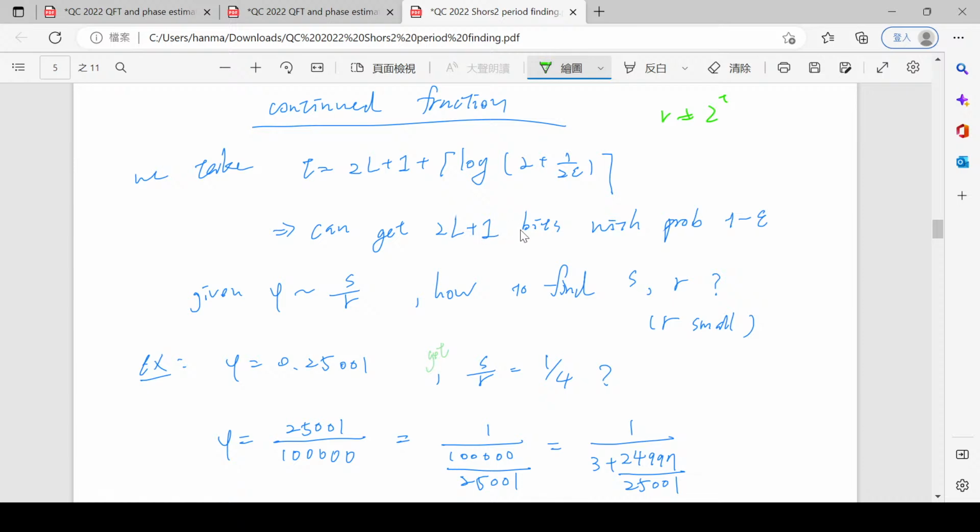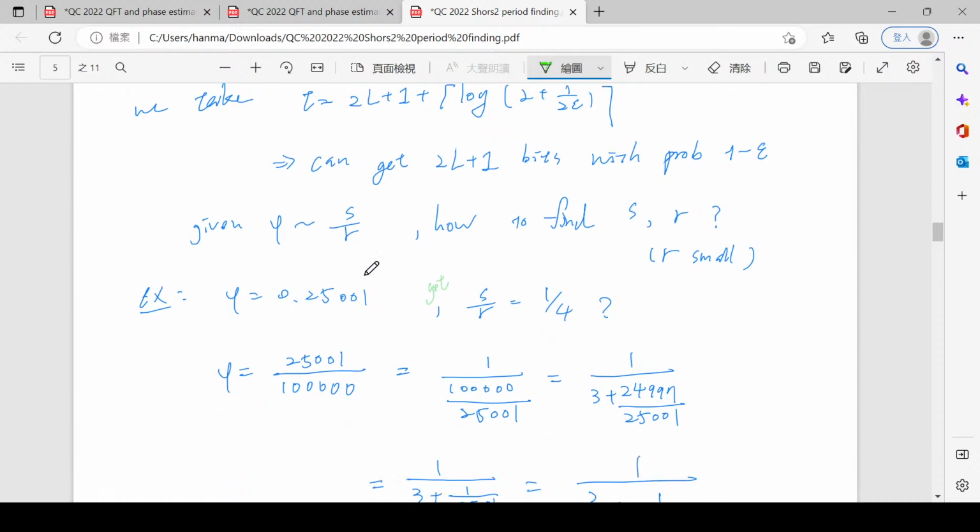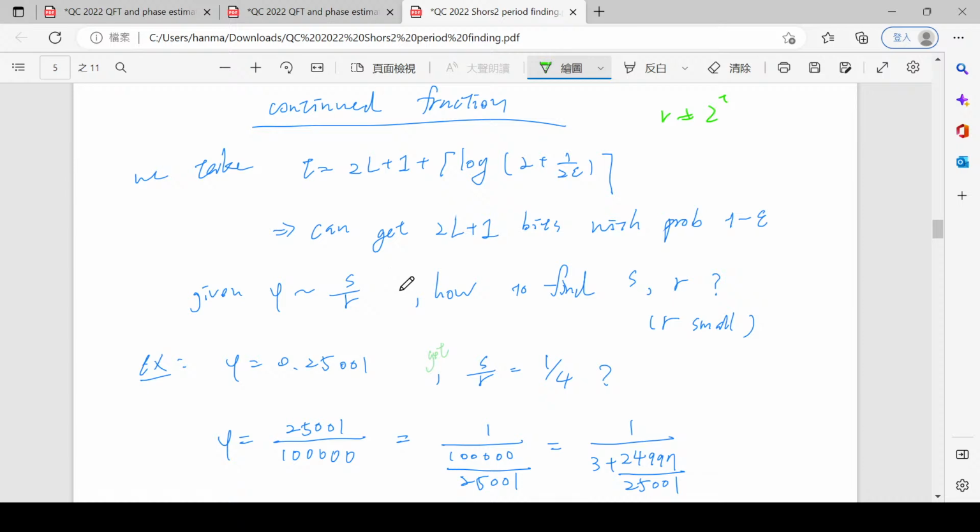But anyway, we have some precision, and there is some probability of error. But now the question is, we get this phi with some error, then how do we find s over r with r not too small?